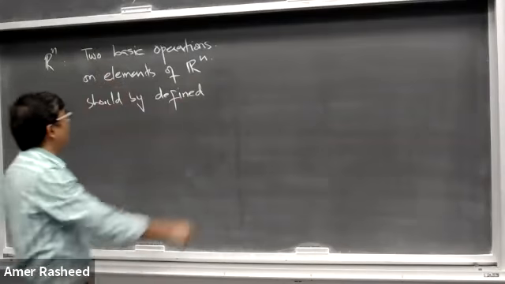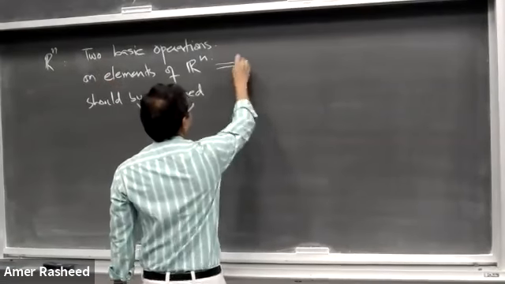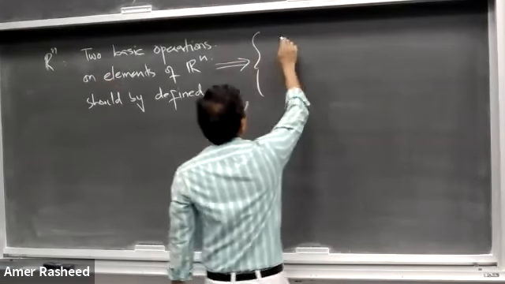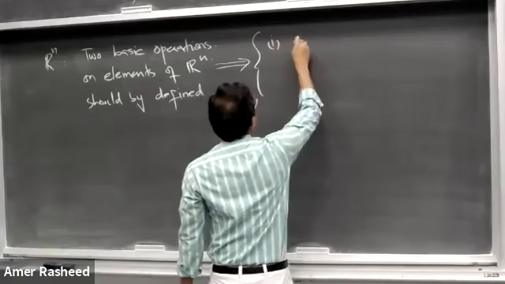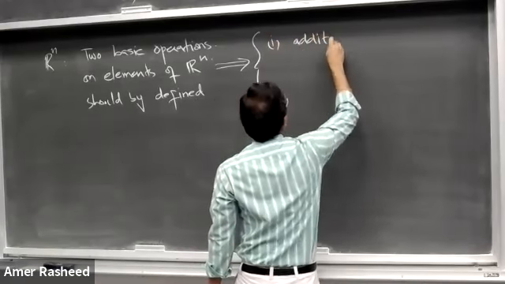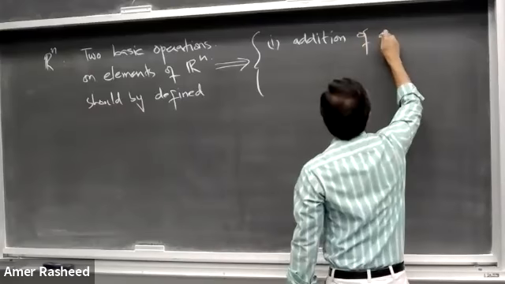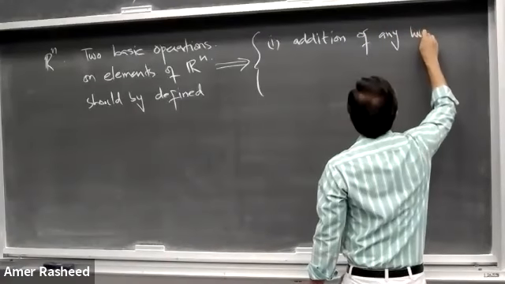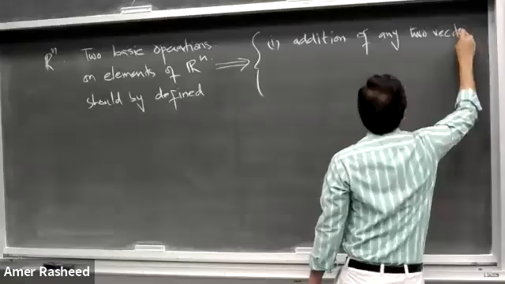And what are these two basic operations? Number one, addition of vectors, that is, addition of any two vectors.